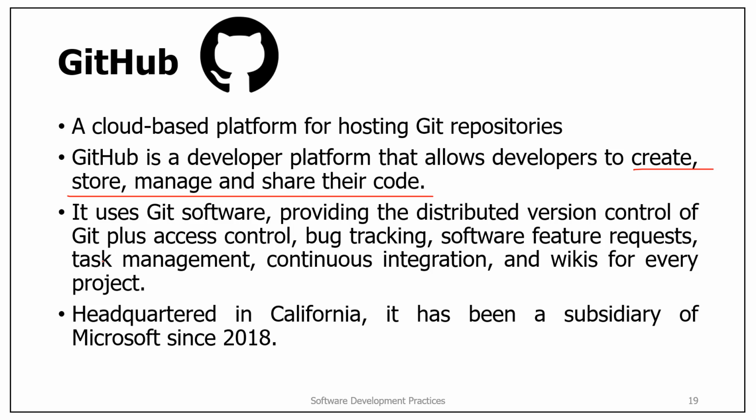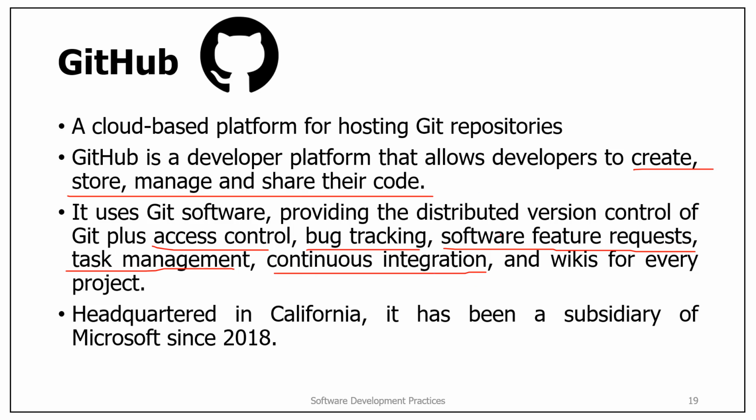Here GitHub alone will not work. If you need to send files from your machine to GitHub, you will need the help of Git also. GitHub also provides services such as distributed version control and access control, bug tracking, software feature requests, task management, and continuous integration.